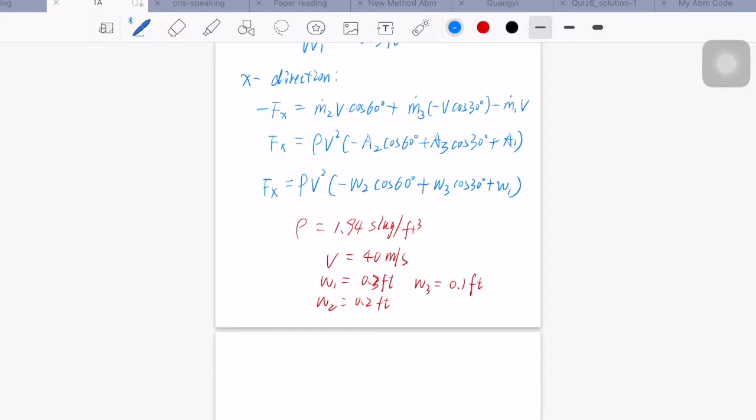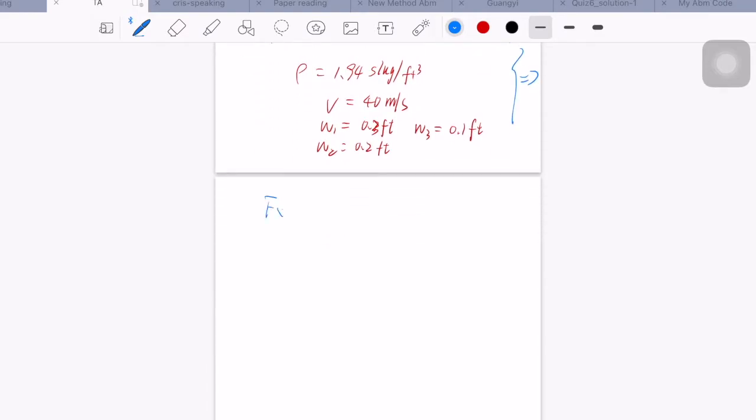So we can find that Fx should be equal to 89.61 pounds force per foot. And the direction of x is to the left.